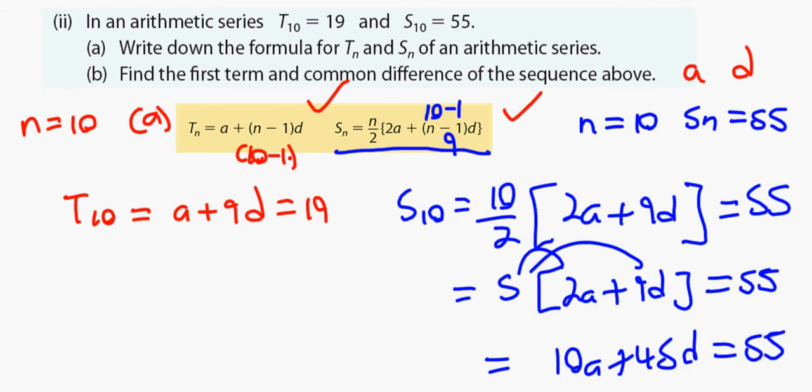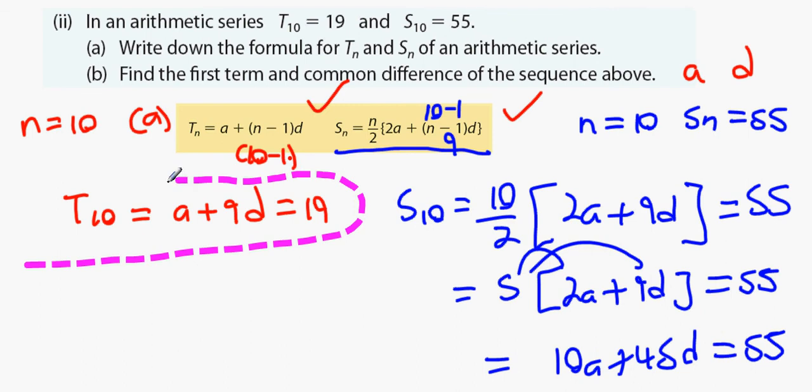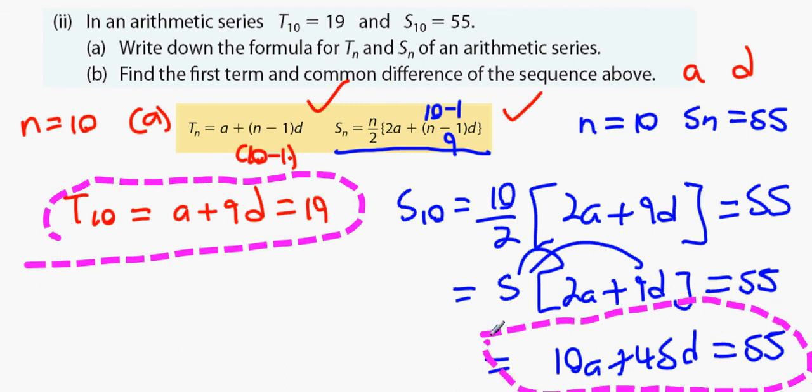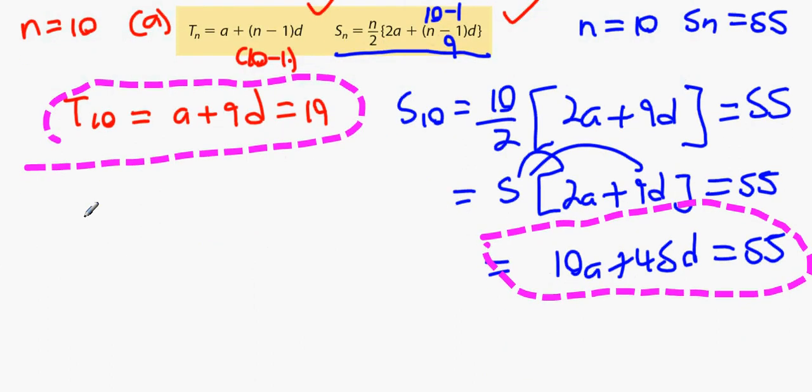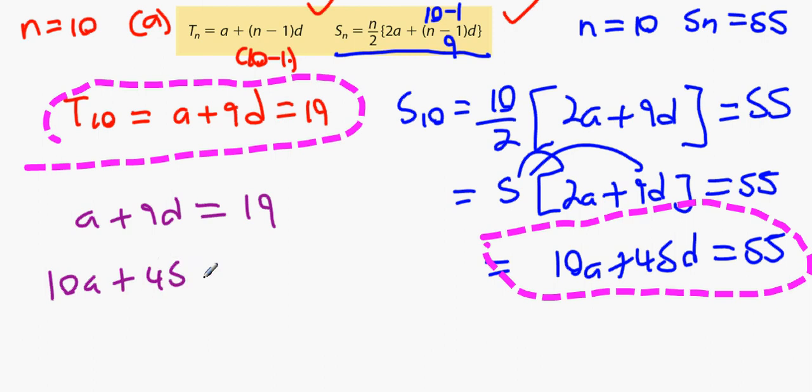So we actually have two simultaneous equations. First one, and this one here is the second one, which is S10. Now, use both these simultaneous equations together. A plus 9D equals 19. 10A plus 45D equals 55. Okay, so we're going to choose a letter to get rid of.